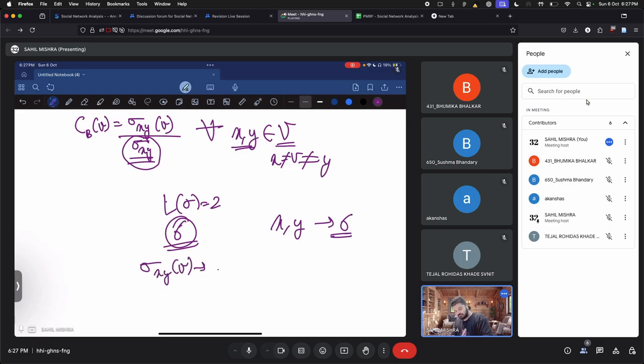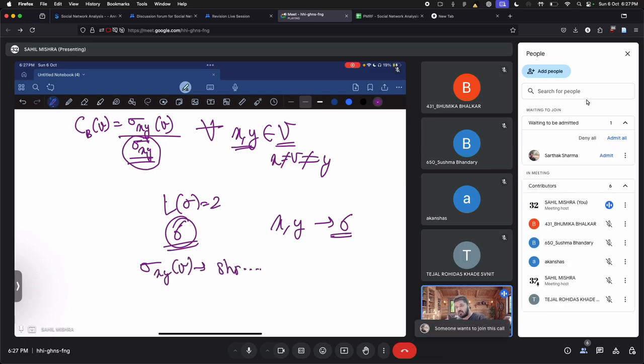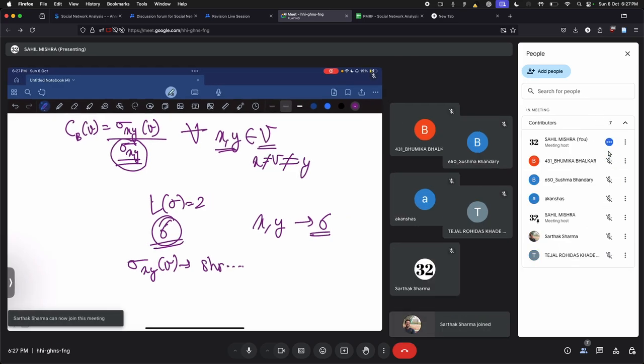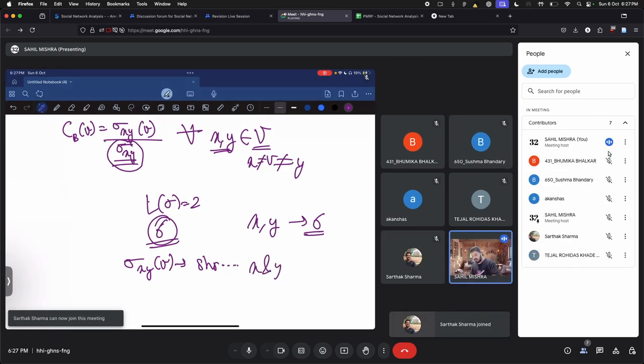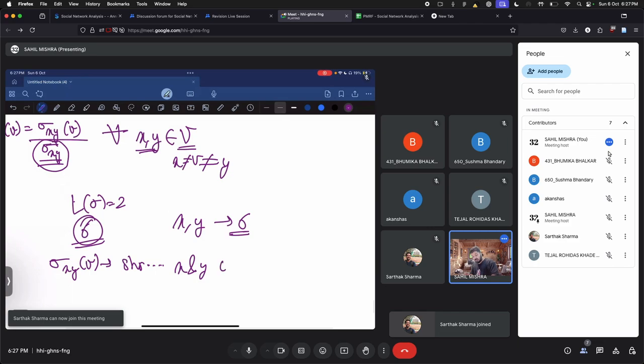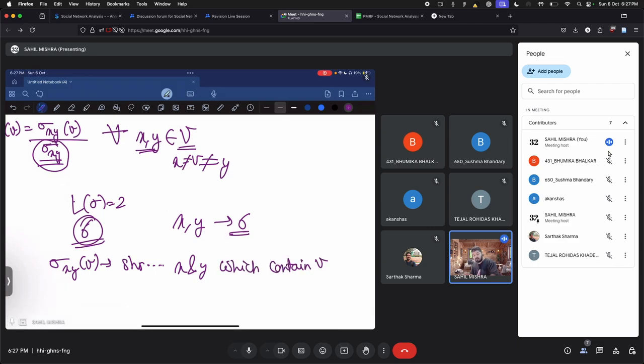Then this represents the number of shortest paths between x and y which contain v, basically passing through v. You cannot take paths which do not pass through v and which are shorter.